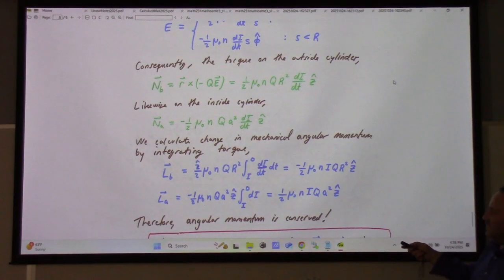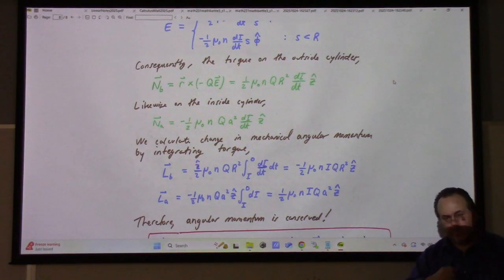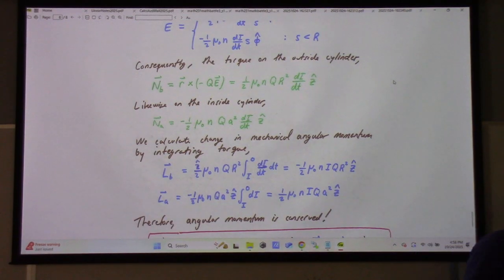But anyway, there's the net angular momentum developed by that torque, and here's the net angular momentum developed by that torque, which are both due to the displacement current generating a circumferential electric field. And what is it?